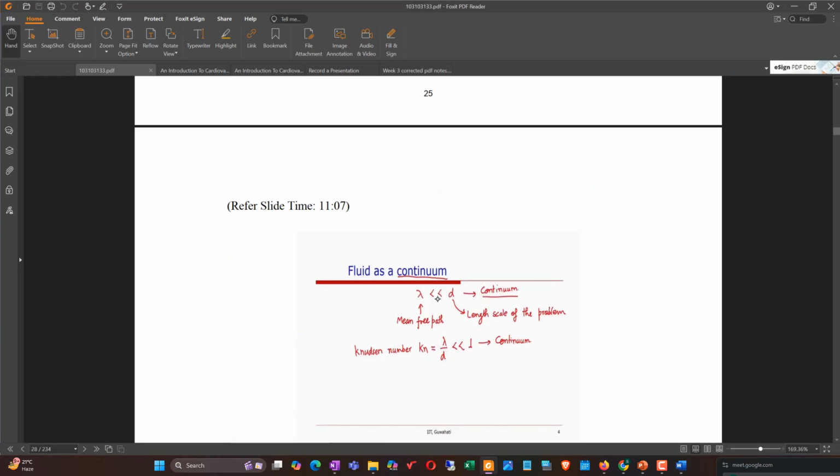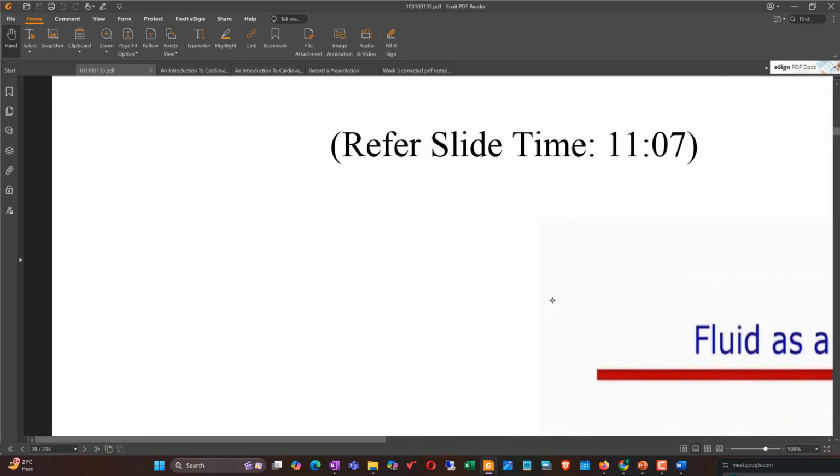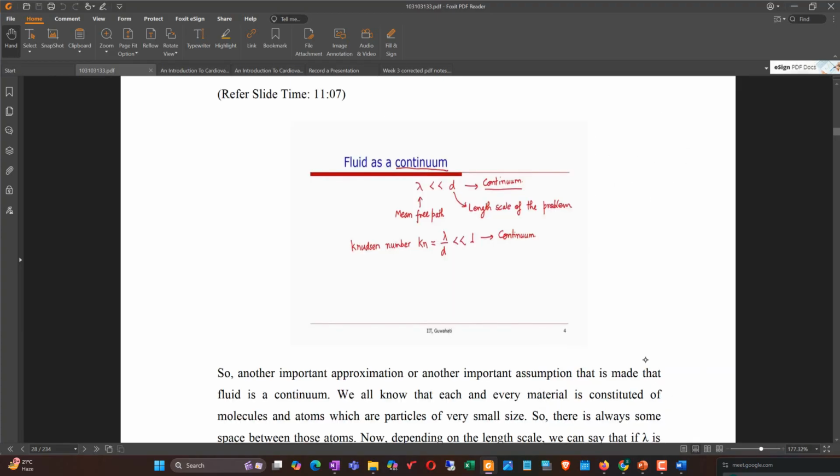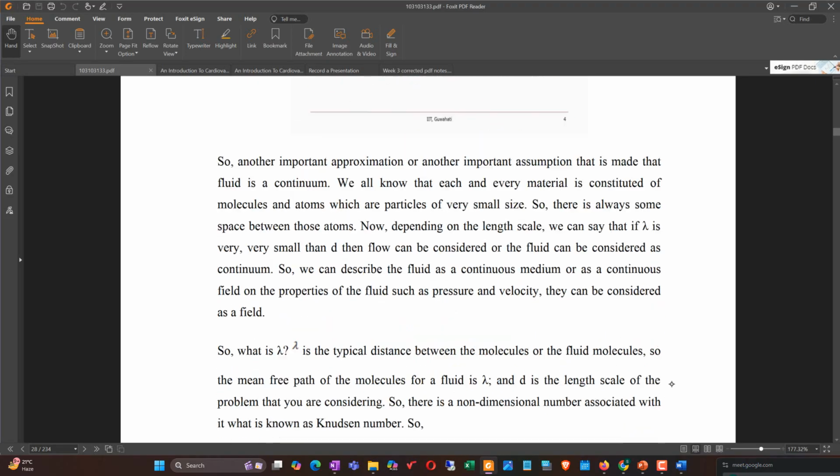Continuum fluid mechanics started with this one. Lambda is less than d, the continuum approximation: the mean free path is very much less than the scale of the problem that we are working on. So for this continuum, the Knudsen number is very much less than one, right?